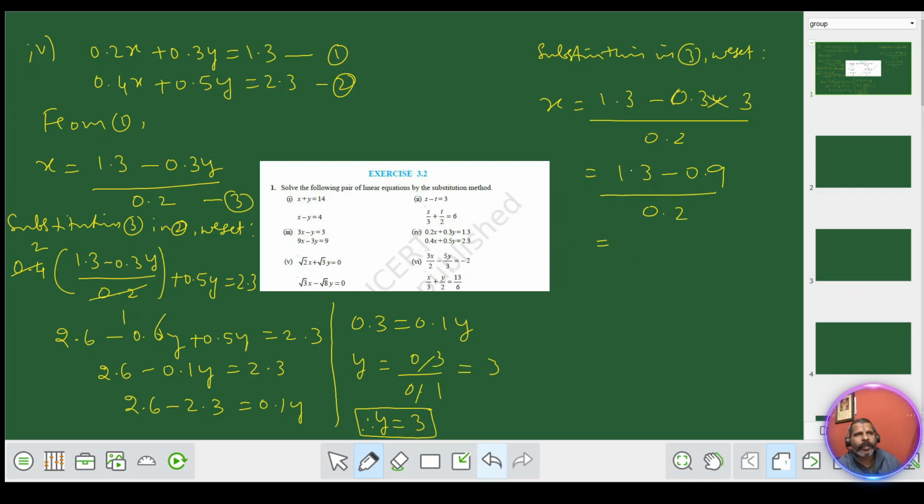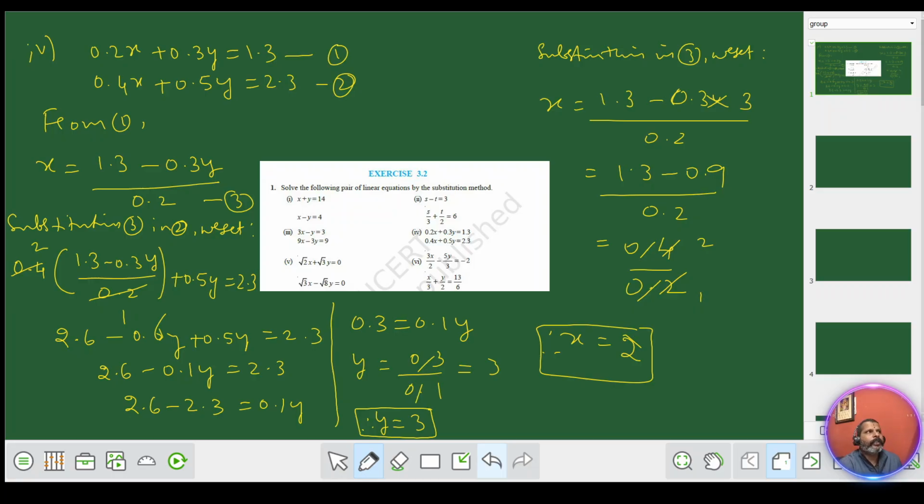You subtract 0.9 from 1.3. 13 minus 9 is 4, so 0.4 by 0.2. Point cancels again. 2 ones are 2, 2 twos are 4, x equal to 2. Okay. x equal to 2, y equal to 3 is the solution here. Clear?